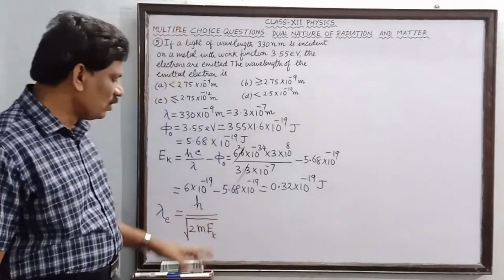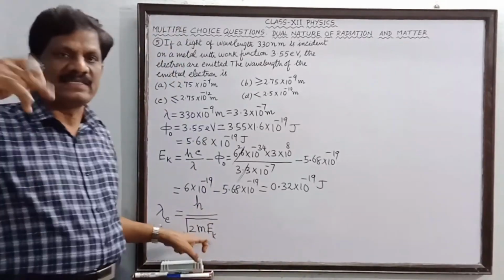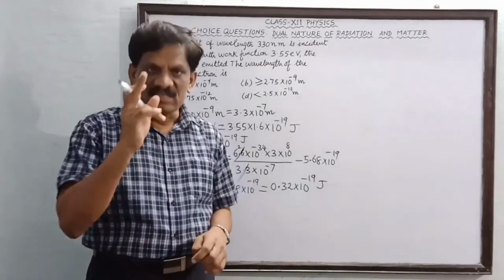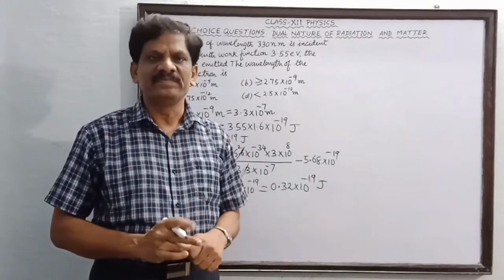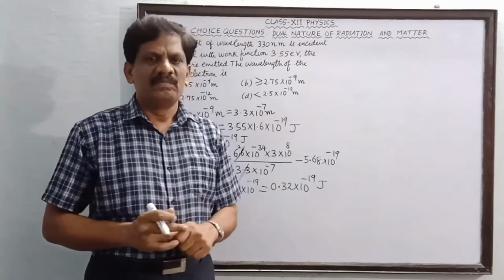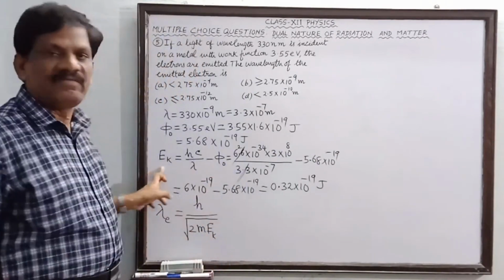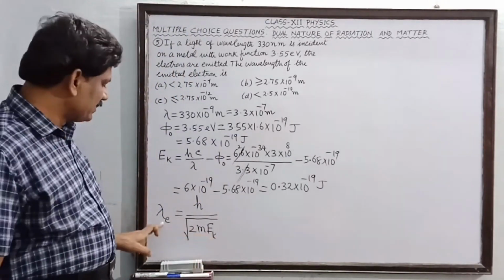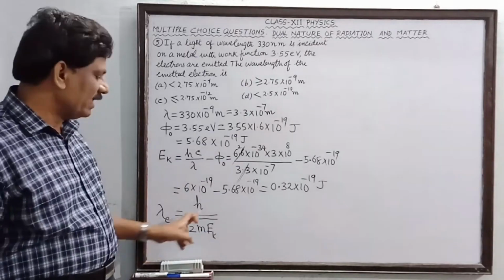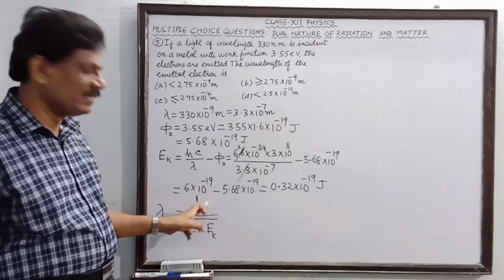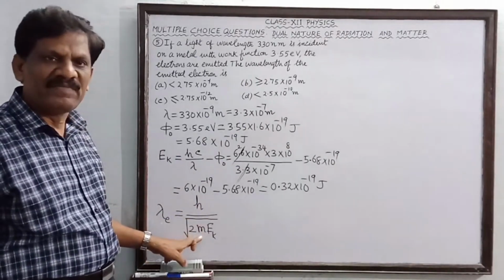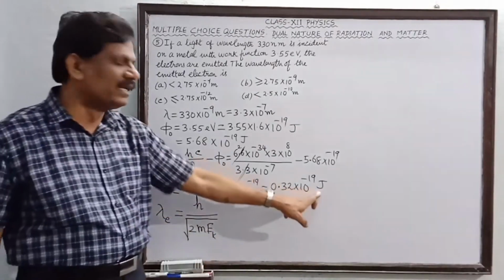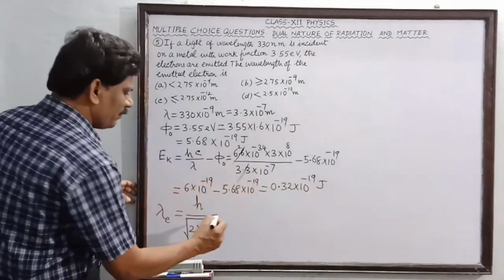Okay, students. Instead of E kinetic, what symbol also we have used? Small e into capital V, if V is given. But if kinetic energy is found or given, we can substitute directly the kinetic energy. Because lambda is in meter, h is Planck's constant in SI system, and mass in kilogram, E kinetic should be in joule. So I am going to substitute.